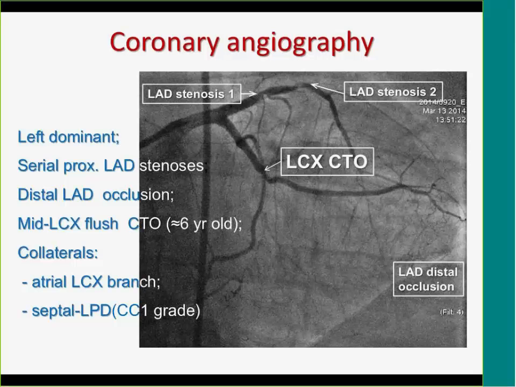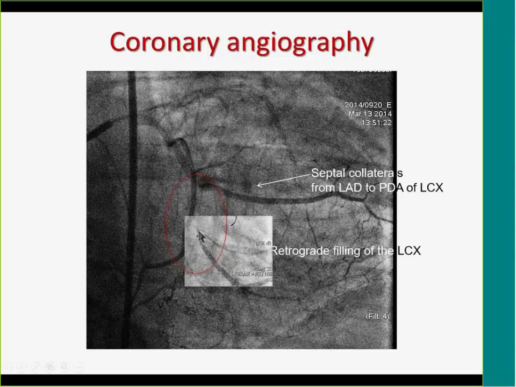And this is the situation. At the mouse pointer, you can see the distal segment of the dominant circumflex and the distal cap of the occlusion. Actually, here is the proximal cap of the occlusion.